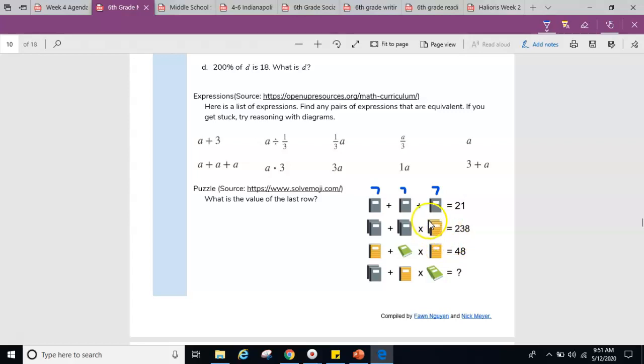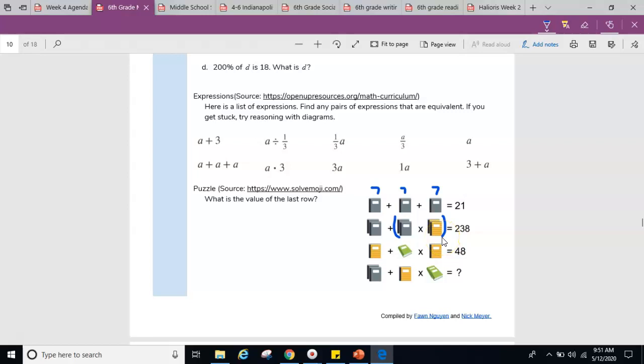So then we got to figure out how many 2 yellow books equal. So you are going to have to plug and chug and remember your order of operations, right? So you're not going to add these 2 first.